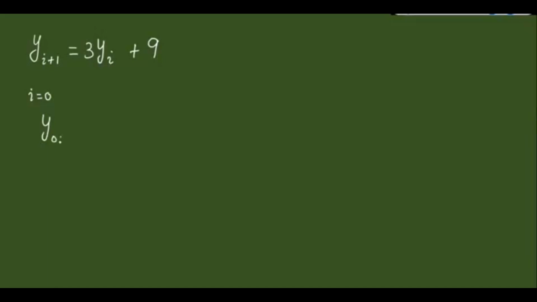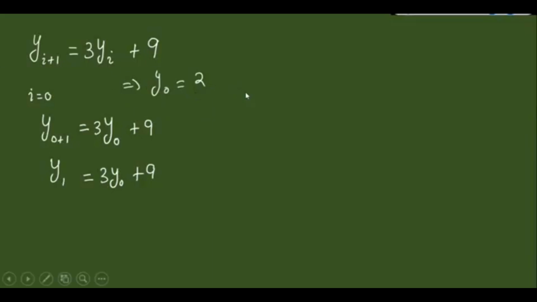We will not read it as zero, in fact we call it naught. So the new value y1 in the sequence is equal to 3 times y naught plus 9. In order to start a sequence we need some starting number. For example, it is given that y naught is 2, that the first member of the sequence which satisfies this relation is 2.